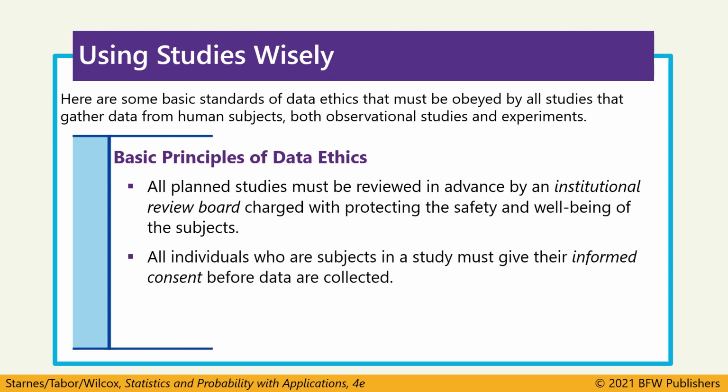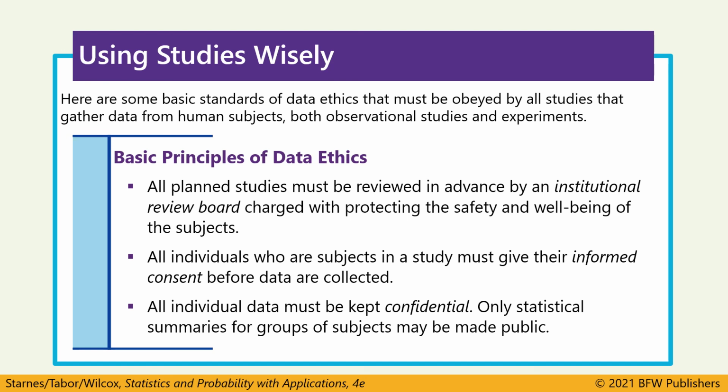Anyone who's involved in an experiment or study must give their informed consent before data is collected. You won't be a part of a study without knowing it and giving consent to be included. And all the individual data must be kept confidential. Only summaries of the data can be made public.